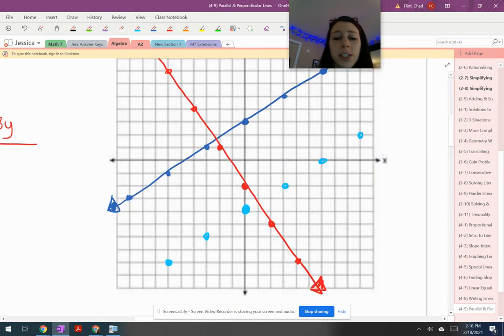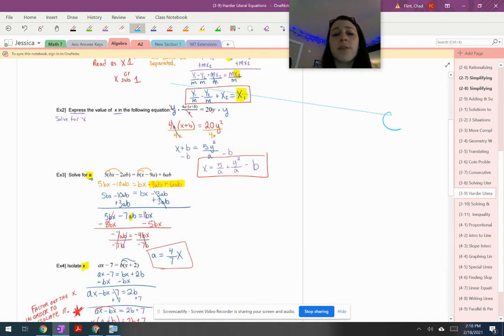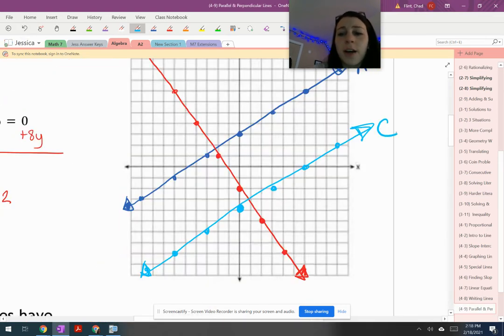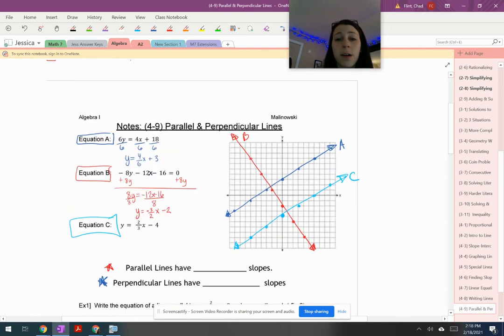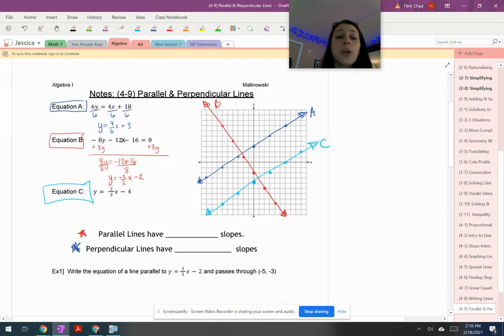Alright, so if you haven't put together based on the title of this lesson, you'll see that here we have graphed parallel and perpendicular lines. So looking at this grid here, which two of those lines would you say are parallel?